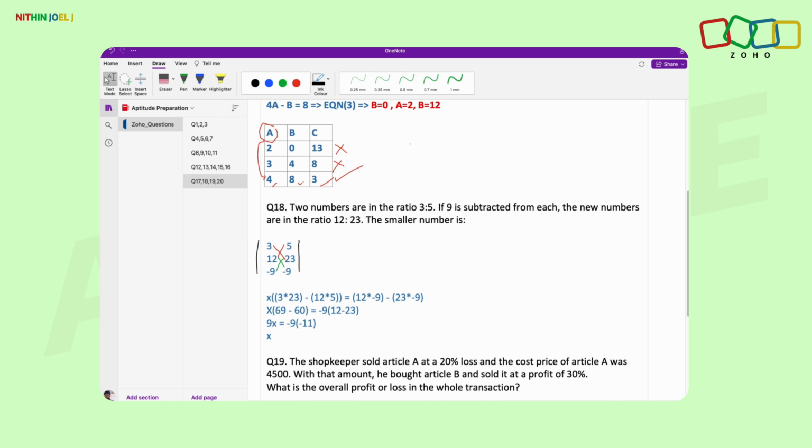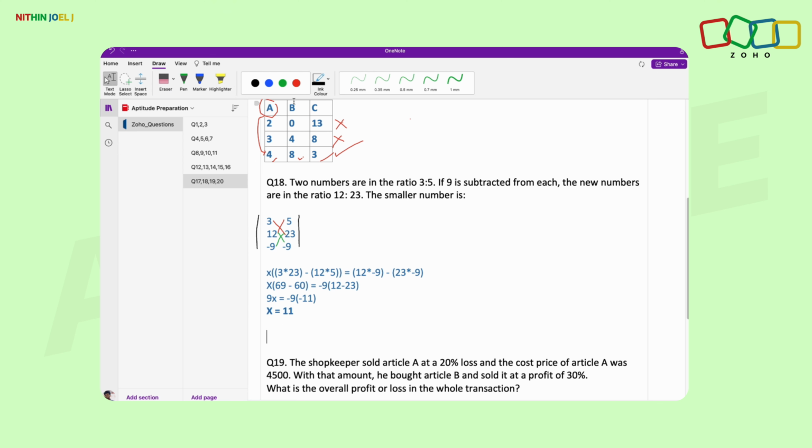So 9 and 9 will get cancelled, and x is equal to 11. This is the value of x. Still our problem isn't over. We have to multiply this x with 3 and 5 to get the numbers.